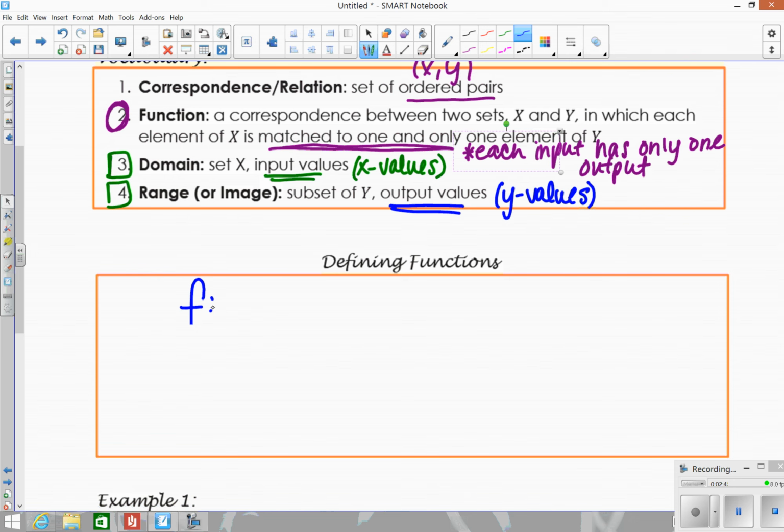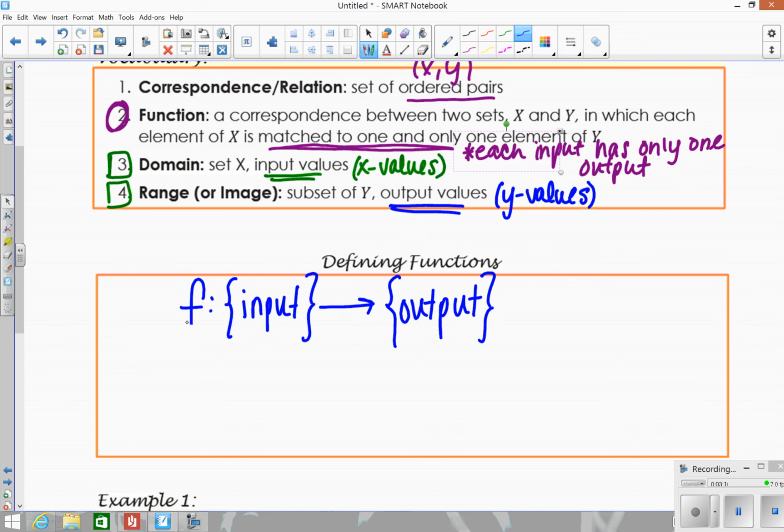Typically you use f for function, but it doesn't really matter. Then in the set notation brackets, this would be your set of inputs, and those get mapped, so we use an arrow to represent map, to your outputs. These would be whatever your outputs can be. You're going to see examples with how this notation is used.